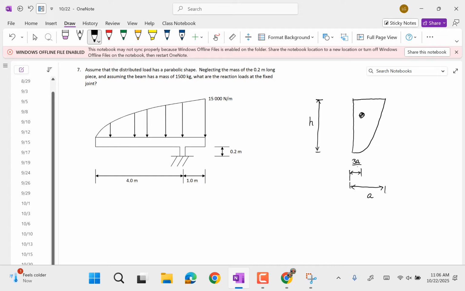So 3A over 8. And then the centroid this way is 3H over 5.